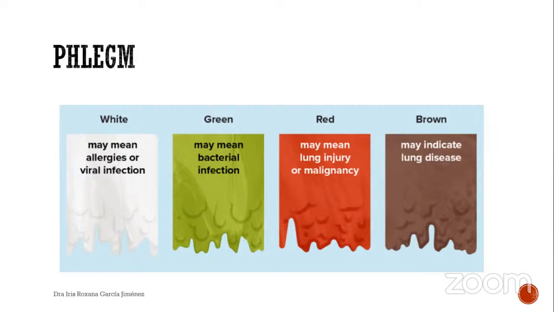White may mean allergies or viral infection. Green may mean bacterial infection. Red may mean lung injury or malignancy. And brown may indicate a lung disease. We all know about it, okay?